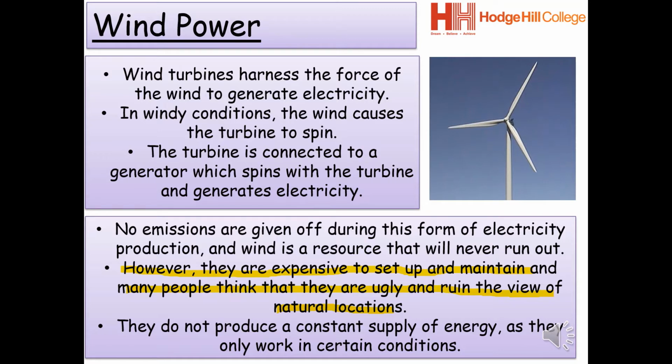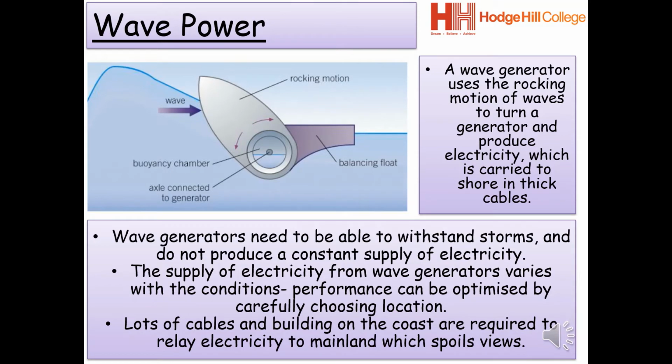Also, wind turbines can be affected by natural disasters such as hurricanes, and you will have to buy a new wind turbine if that happens. And of course, they're not very reliable because it's not always windy. But a good thing about wind power, as with every other renewable energy, is that it will never run out.